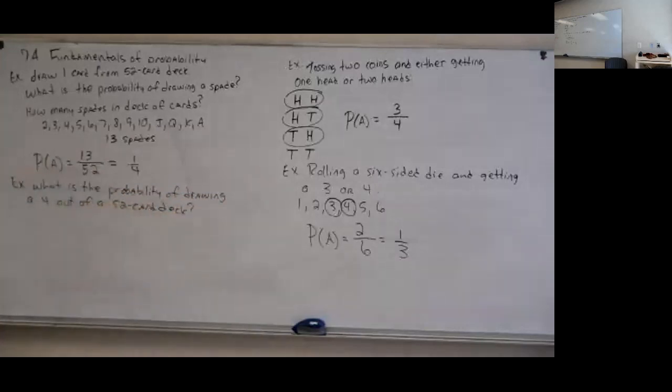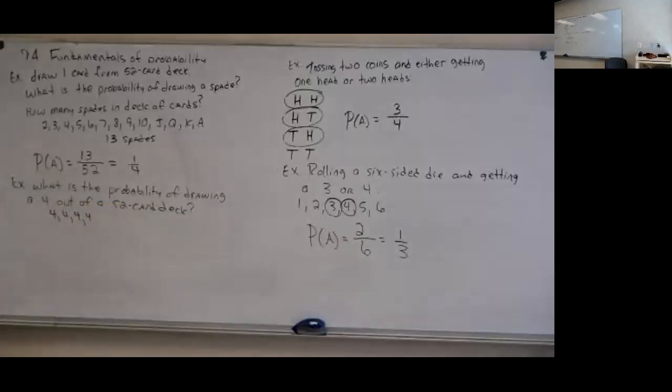So the question would be, how many 4s are in the card deck? It's only one, right? Well, you've got a 4 of hearts, but don't you also have a 4 of clubs, a 4 of diamonds, and a 4 of spades? So you've got four 4s sitting in that card deck.